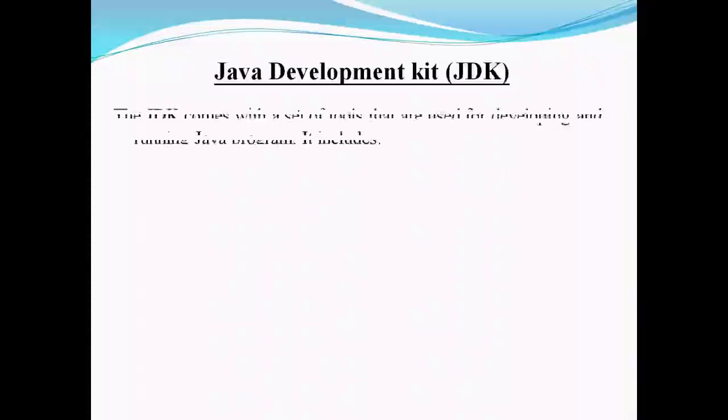The Java Development Kit comes with a collection of tools that are used for developing and running Java programs. Looking at this, you might have known that to write and execute Java program, what is needed is Java Development Kit.